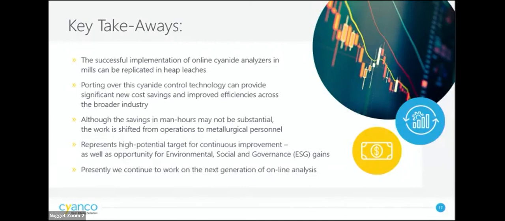In addition, online cyanide analyzers bring ESG benefits, as they can ensure that we do not overdose cyanide unnecessarily. Presently, we at Cyanco are working on next generation analyzers with the aim of a simpler, robust, and friendly unit. With that, I thank you.